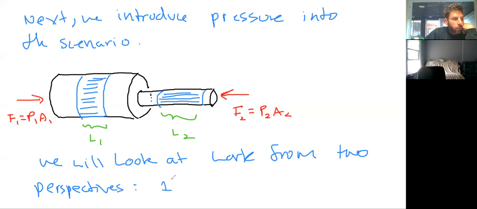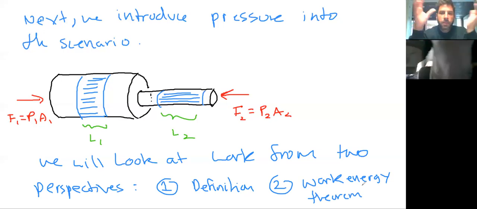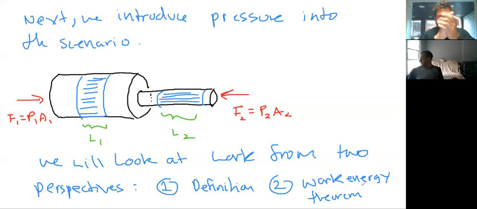The first we're going to do is the definition. And then we're going to do it from the work energy theorem, which you might not remember. We'll remind you what it is. So again, we're going to write out and manipulate expressions for work in two ways. We're going to look at it strictly from the definition, and then from the work energy theorem, which uses kinetic energy.